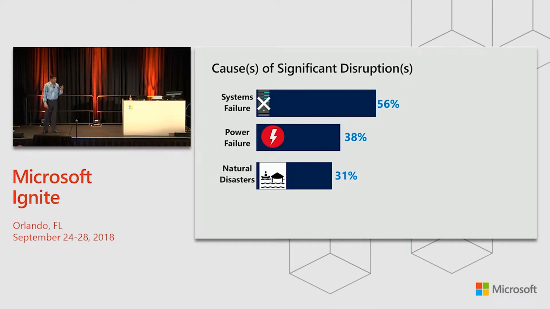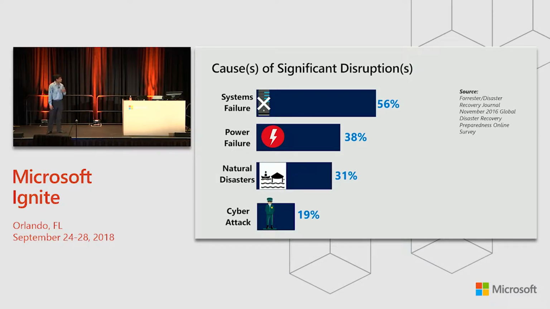But all of these are reasons for disruptions. And the one which is growing in trend these days is cyber attacks, which also cause disruptions to your applications. This is research by Forrester, which talks about how all of these disruptions can impact your application.